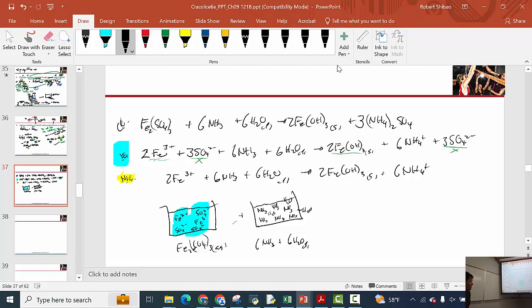If I have a bunch of these, I just need a little bit of them to react. Ammonia and water will partially hydrolyze to form ammonium and hydroxide. A little bit. Not much. For every about 100 ammonias, we have 1.